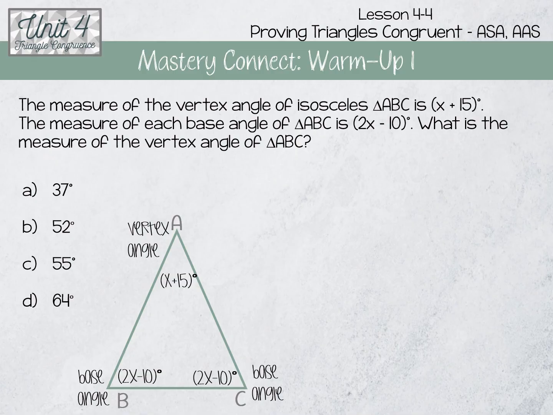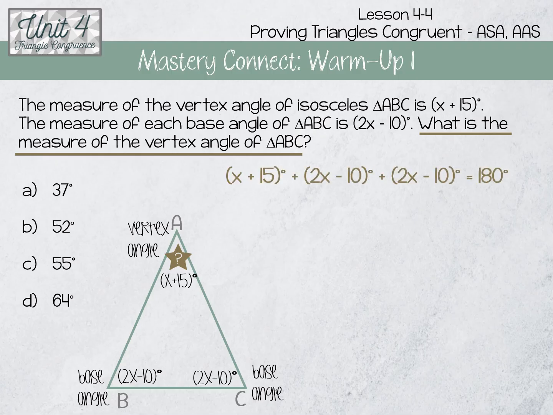Now remember, all three angles of a triangle add up to 180. We need to find the measure of the vertex angle. Big question mark there. So add them all up: x plus 15 plus 2x minus 10 plus another 2x minus 10 equals 180.